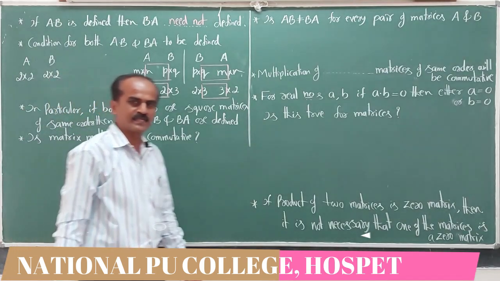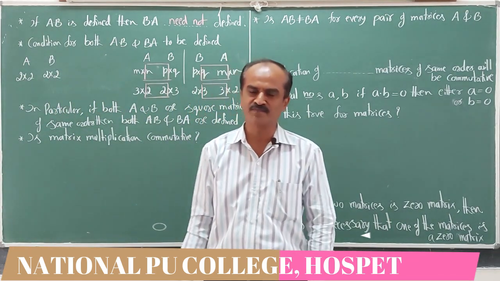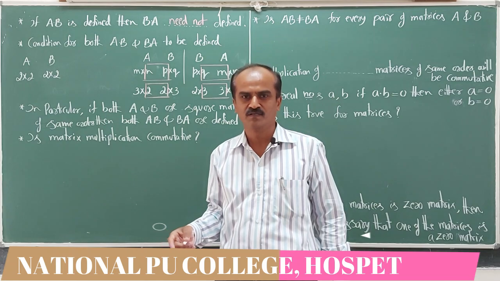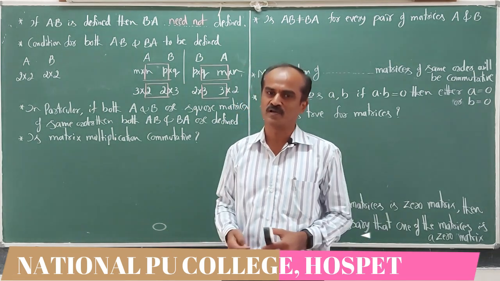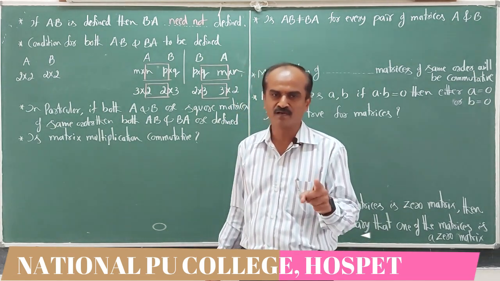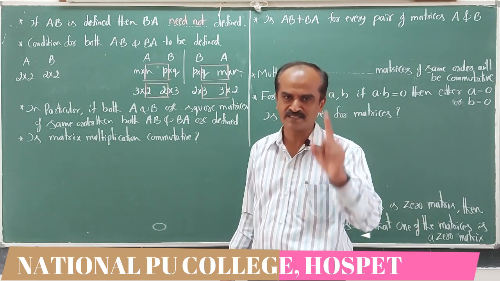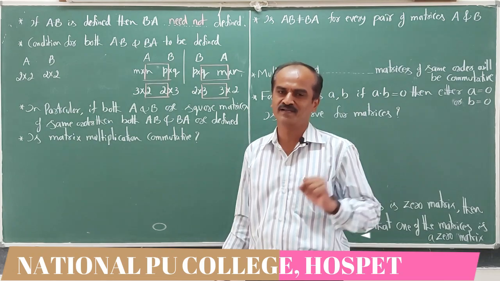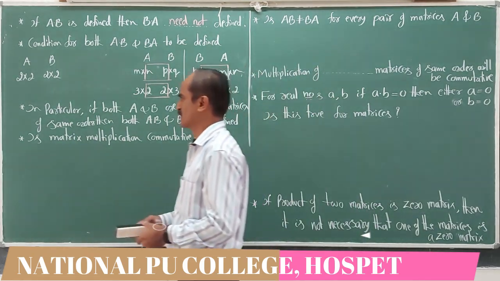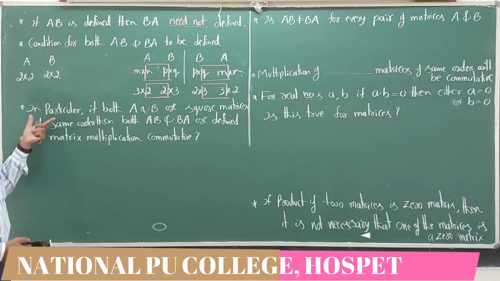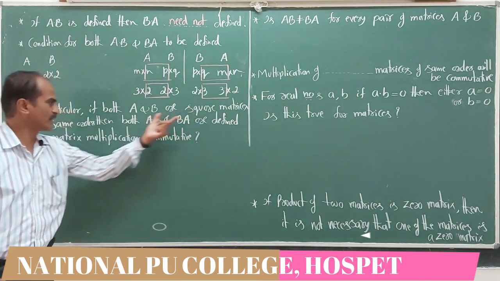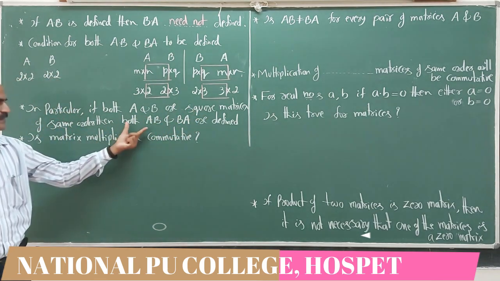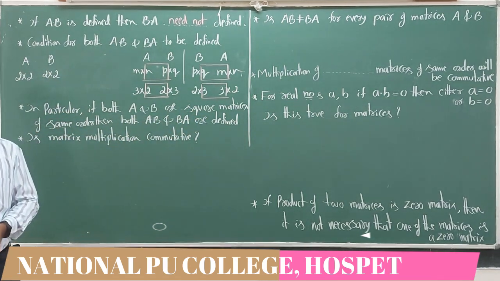Now check, is AB defined? Yes, clearly AB is defined. BA is also defined. So this is true for all square matrices. If A and B are square matrices of the same order, then both AB and BA are well defined. So that point you have to remember.